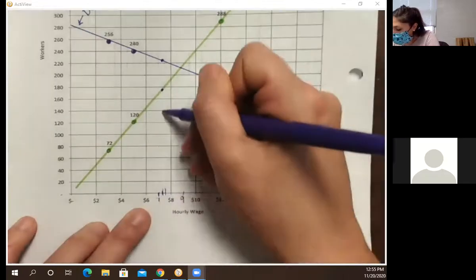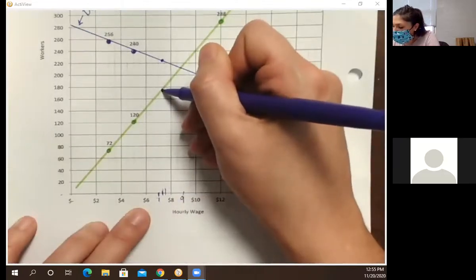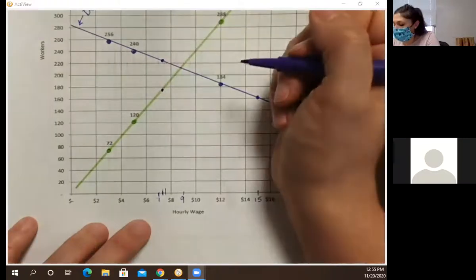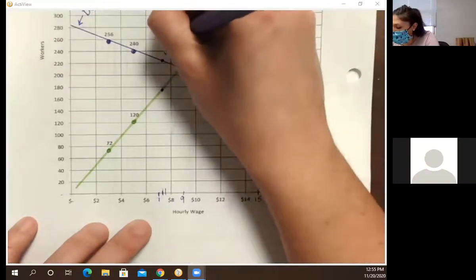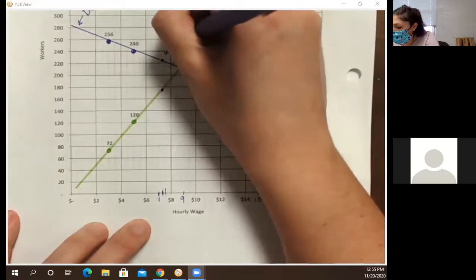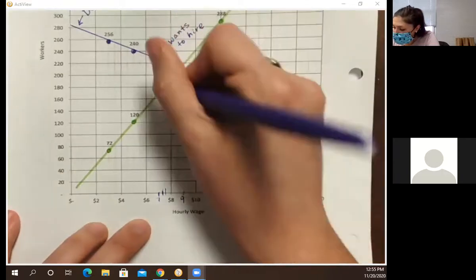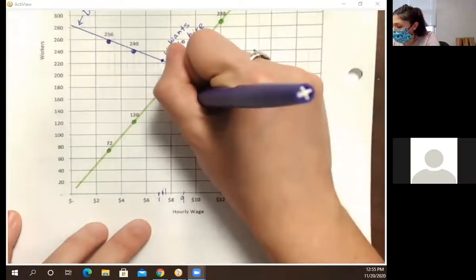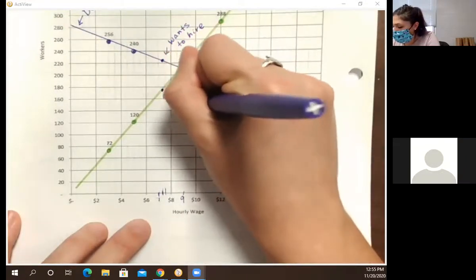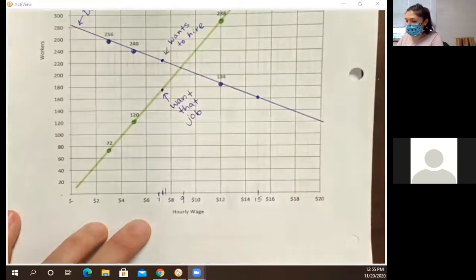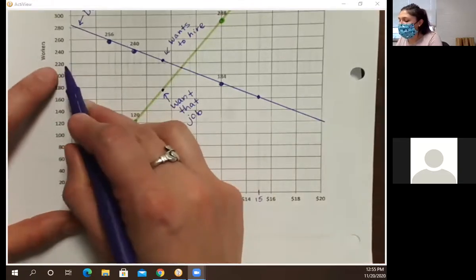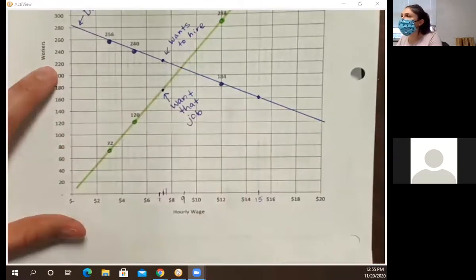For $7.25 an hour, here's that point on my supply line, and here's that point on my demand line. This is about how many workers our company wants to hire, and down here is how many people want that job. Our company wants to hire a little over 220 people, maybe 225.